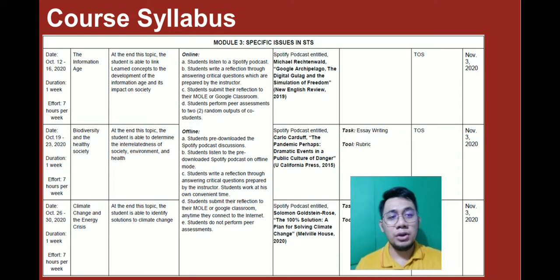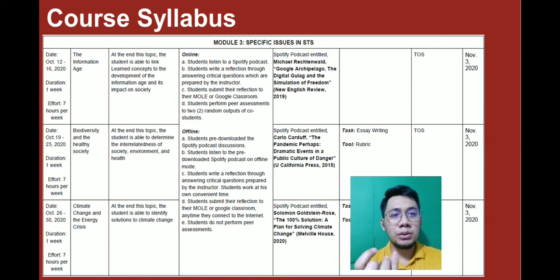You have 3 topics: the information age, the biodiversity and the healthy society, and last but not least, climate change and the energy crisis. Module 1 covers the first and second weeks, module 2 the third, fourth, and fifth weeks, and module 3 the sixth week.